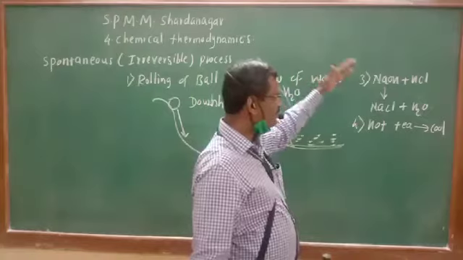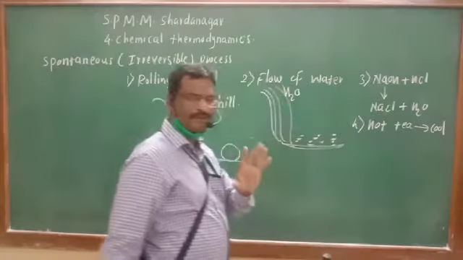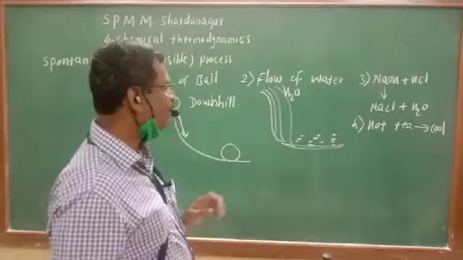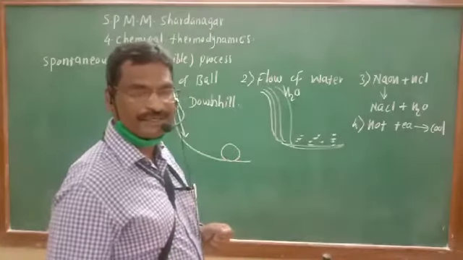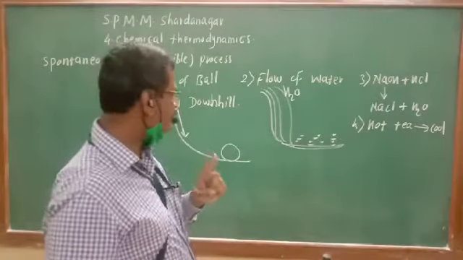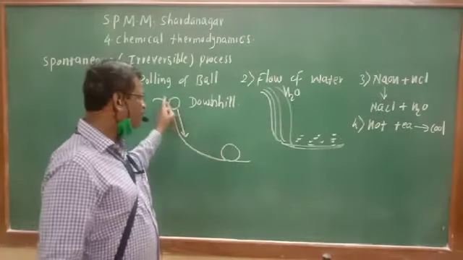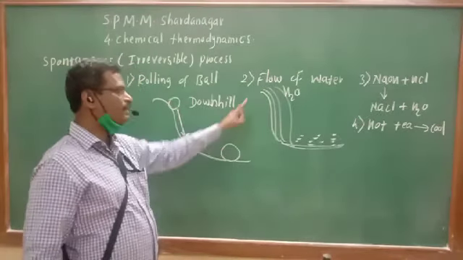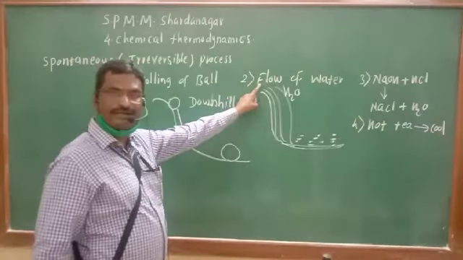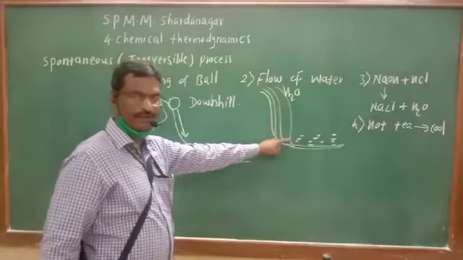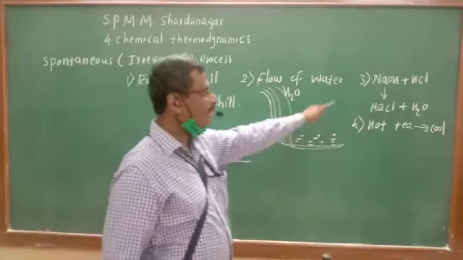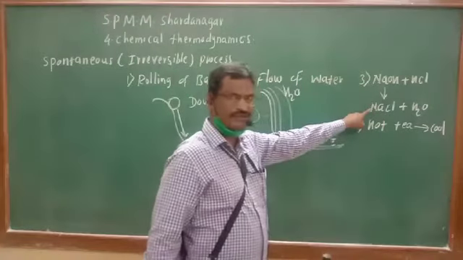These are certain examples of spontaneous processes or irreversible processes. See, this process is taking place in only one direction, higher level to lower level. This is also taking place in only one direction, higher level to lower level, naturally. Higher energy content to lower energy content.